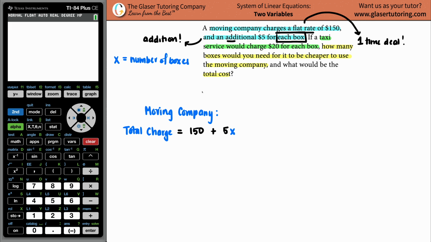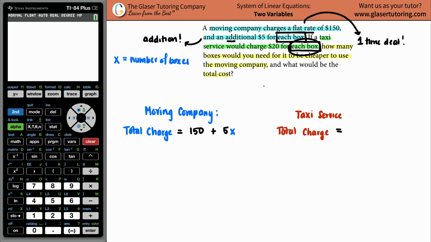Now we got to do the same thing for the taxi service. So let's see. I'm going to write taxi service total charge. Okay. Now the taxi service is a little bit easier because they don't care about a flat rate, but they will charge you $20, and here we go again, for each box. We just said that the boxes were the variable.